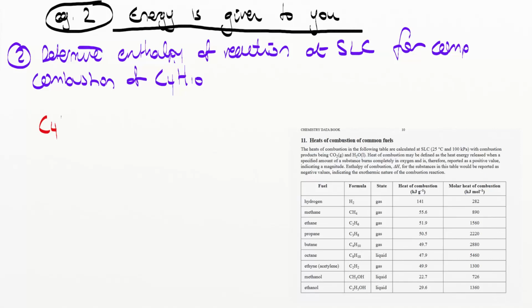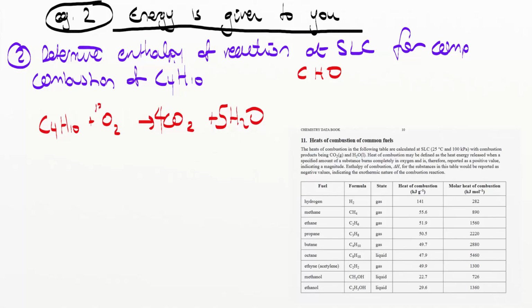So the balanced equation will be what? We know it's complete combustion, so it's going to be butane plus oxygen, and since it's complete combustion, it's going to be carbon dioxide and water. Remember the mnemonic CHO, so we balance carbons first, so that's 4 carbons, hydrogen second, so that's 10 hydrogens on the left, and then we've got 2 here, so multiply this by 5, and then oxygen, so we've got 8 oxygens on here, and 5 oxygens here, so there's a total of 13 oxygens on the right.